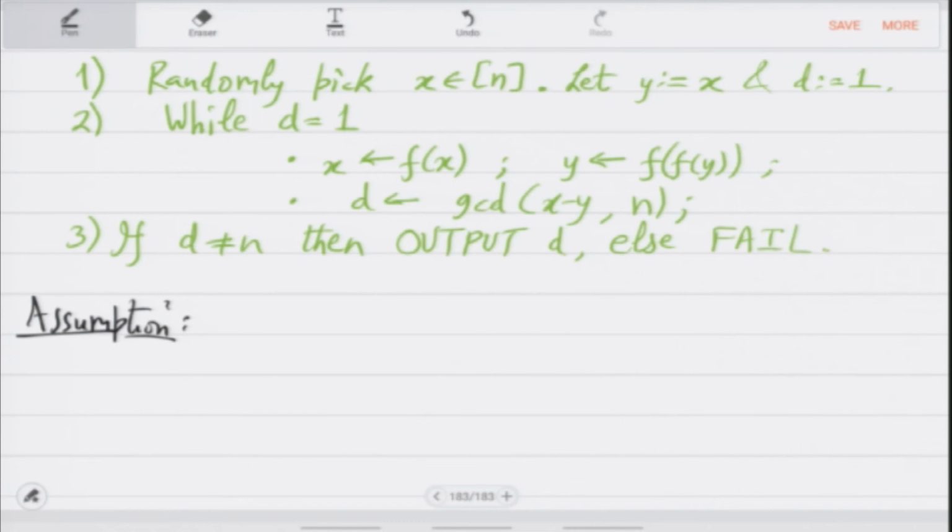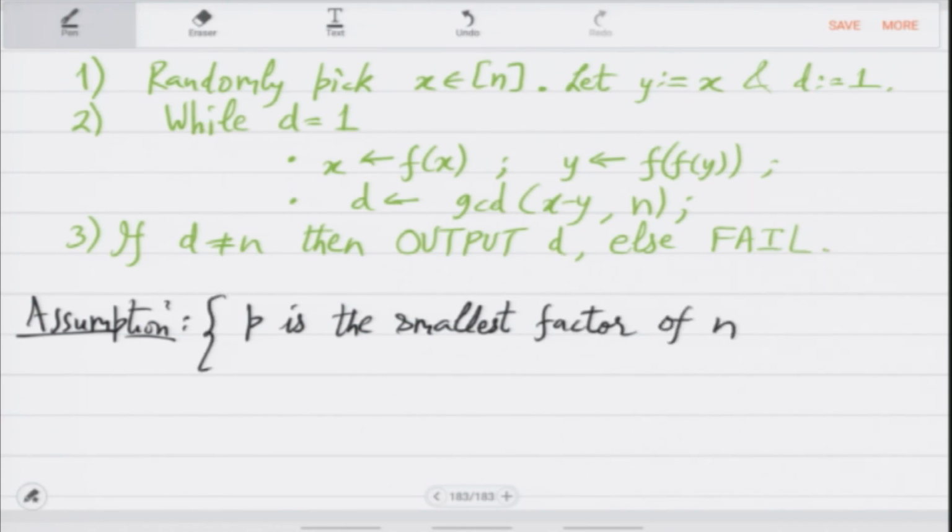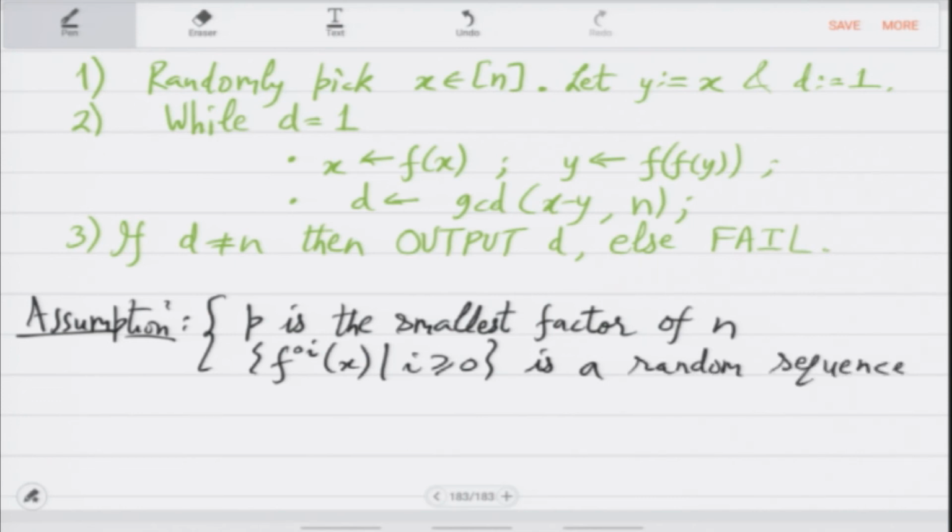The assumption is p is the smallest prime factor of n, and second is that if you keep applying f on x, then you get a random sequence.